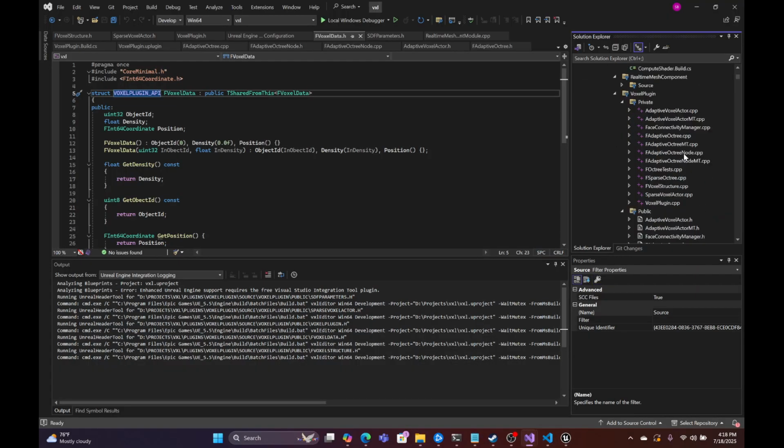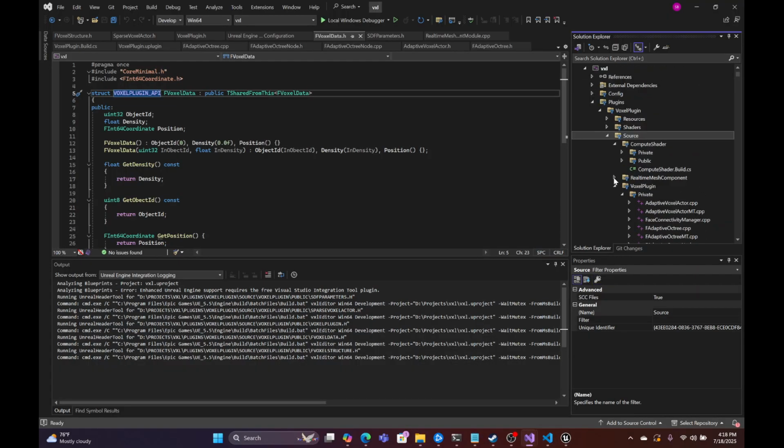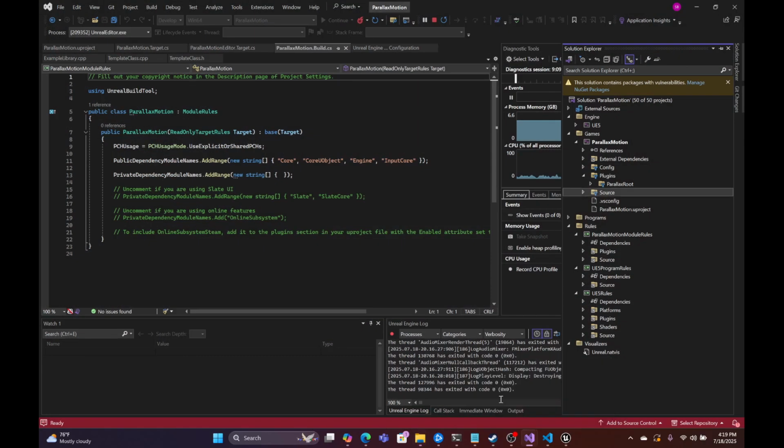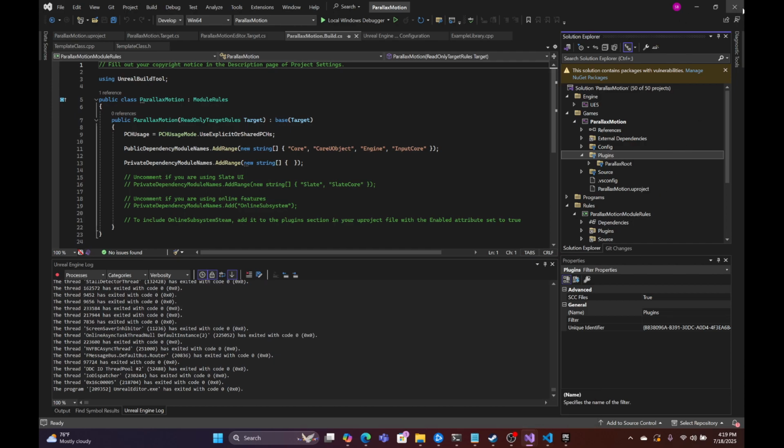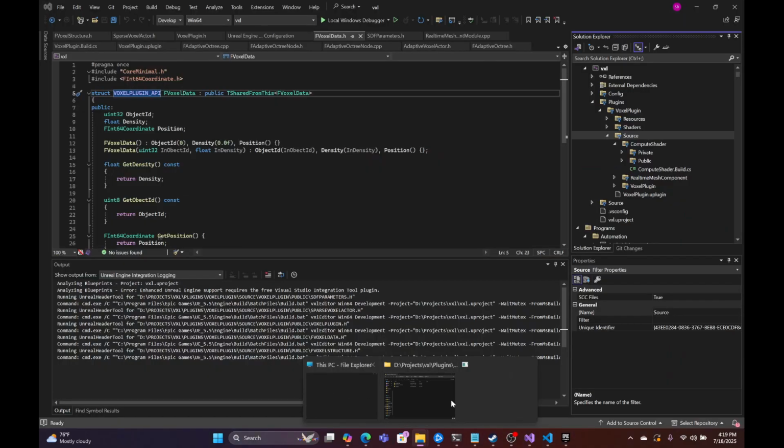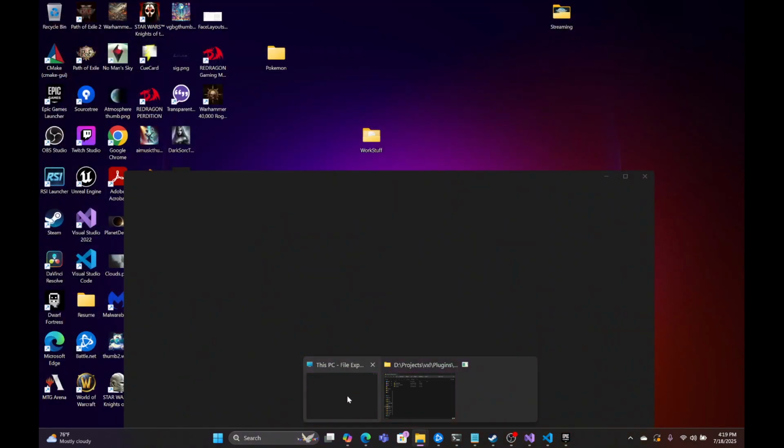So the problem is that, okay, this is my existing voxel plugin. Here we go. So this hasn't updated, unfortunately. I think every time we do a big change, we have to tear this down and close it, and maybe even regenerate project files, which is annoying.